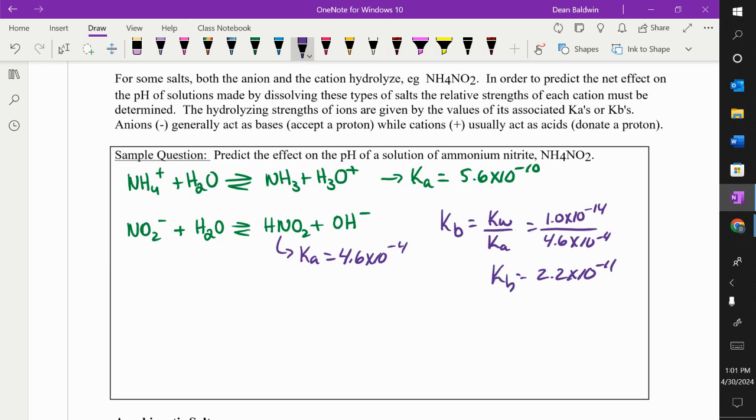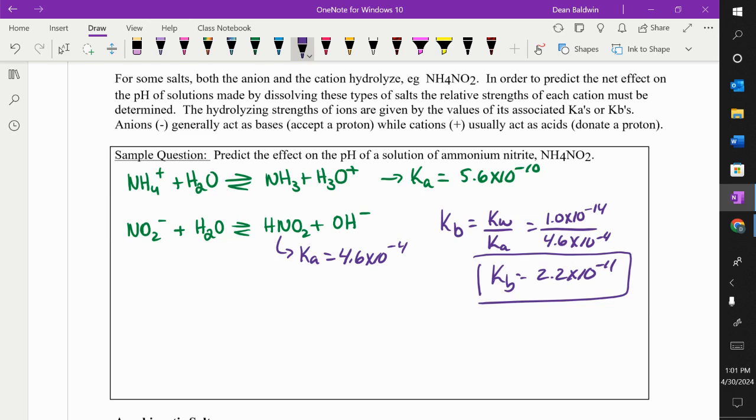So we get a Kb value of 2.2 times 10 to the minus 11. Equilibrium constants indicate relative strengths of the acids or bases, right? Because it tells you the ratio of products over reactants.